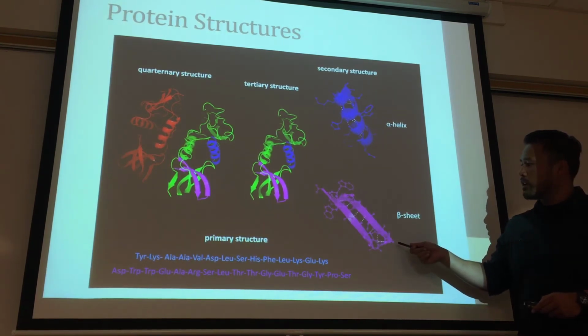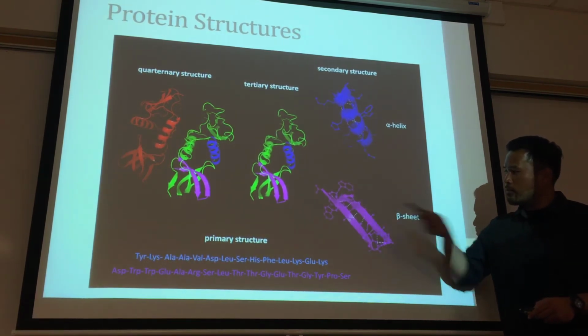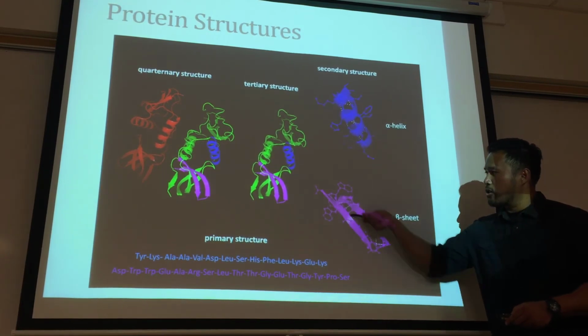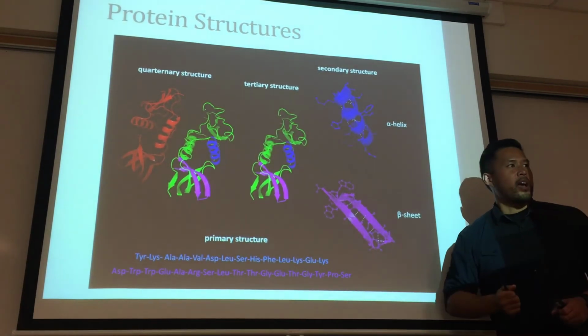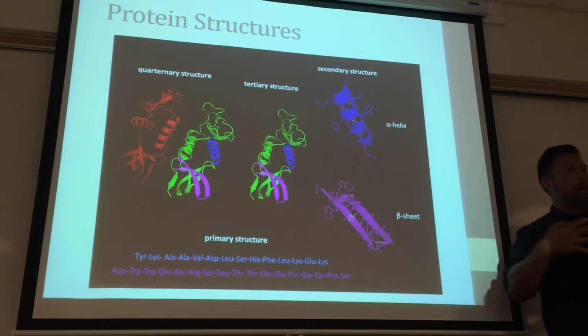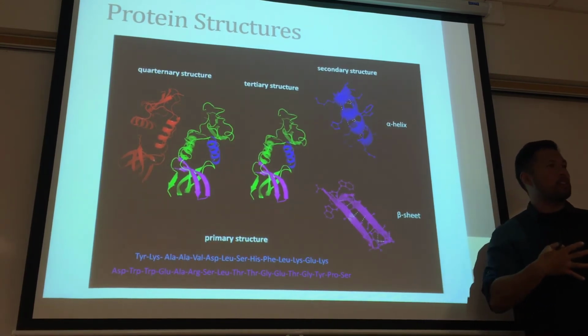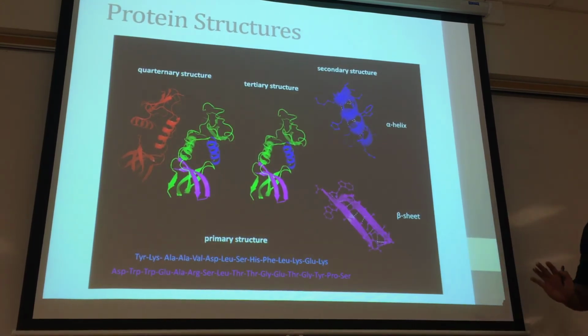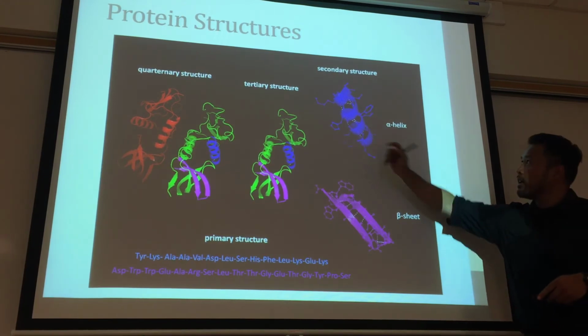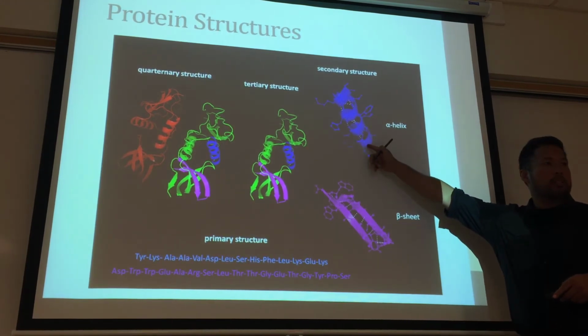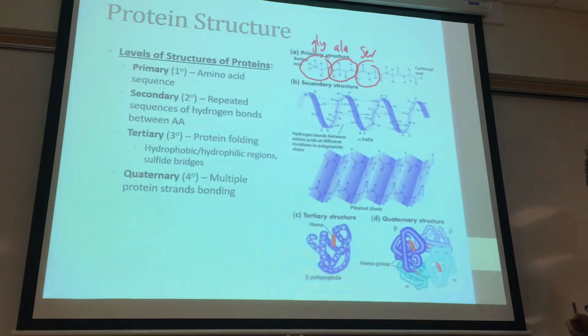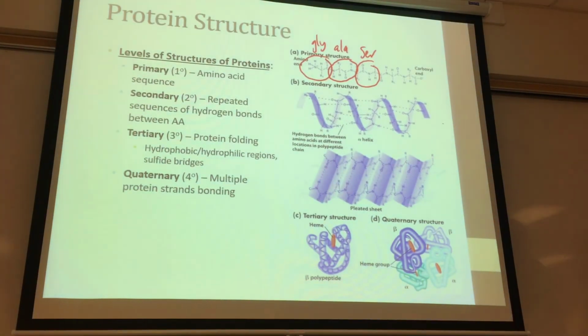Based on those sequences and the functional groups that attach to them, you're going to get another structure. Because those hydrogen bonds are weak, get a bunch of them together and they hold together very strongly. So it's not uncommon when you look down at a protein to see these structures. That's the secondary structure, again based on hydrogen bonding.